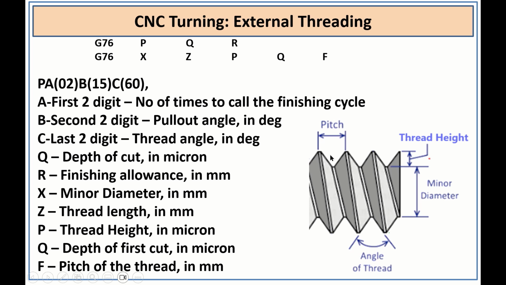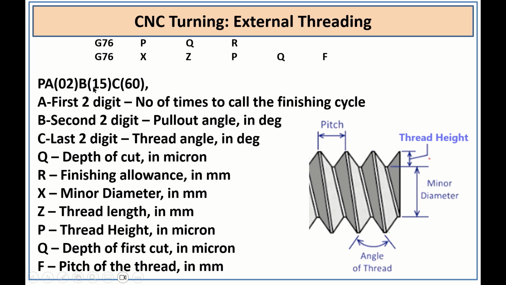So we need to make several cycles such that the threads will be formed smoothly. Here 02 indicates the number of times to call the finishing cycle. Once the full threads are formed, we need to perform this operation 2 more times, such that we get the teeth very smoothly in the finishing cycle.